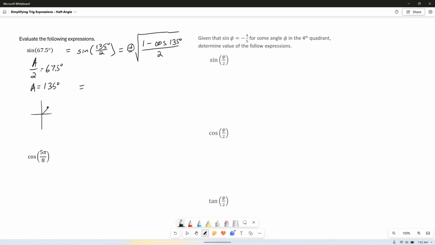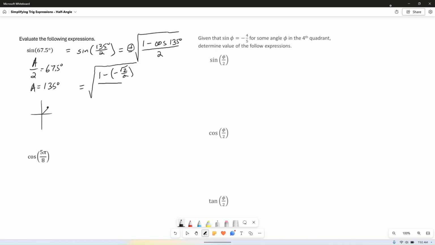All right, so let's continue simplifying that. We know it's now going to be a positive square root. And then we're going to have 1 minus the cosine of 135. The cosine of 135 is basically a 45-degree angle, so cosine is going to be root 2 over 2. But technically, 135 is in the second quadrant, so we're going to have a negative square root of 2 over 2.